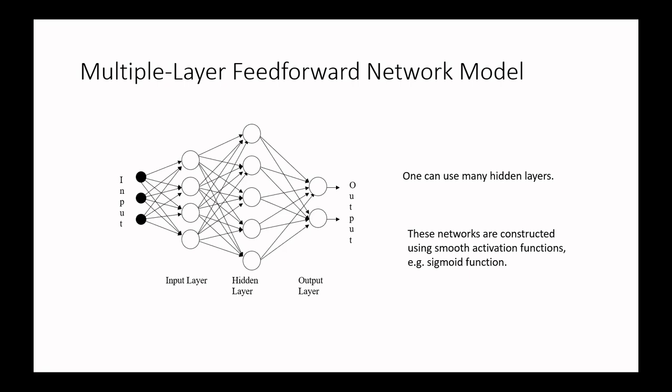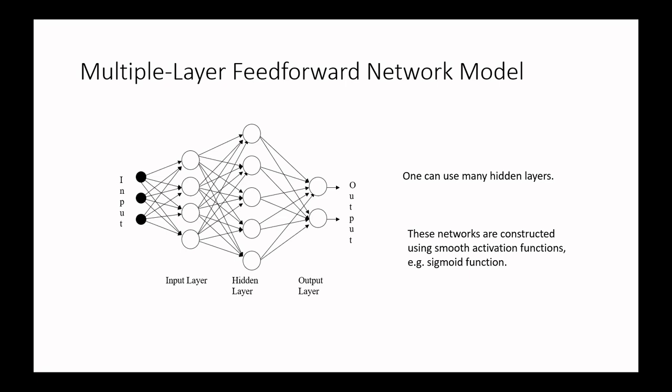To do that, one needs to have multiple layers of neurons. The picture I'm showing you in this slide is a picture of what we call multiple layer feed forward network models, or multiple layer perceptron networks. MLP or feed forward network model. So what is the basic idea?